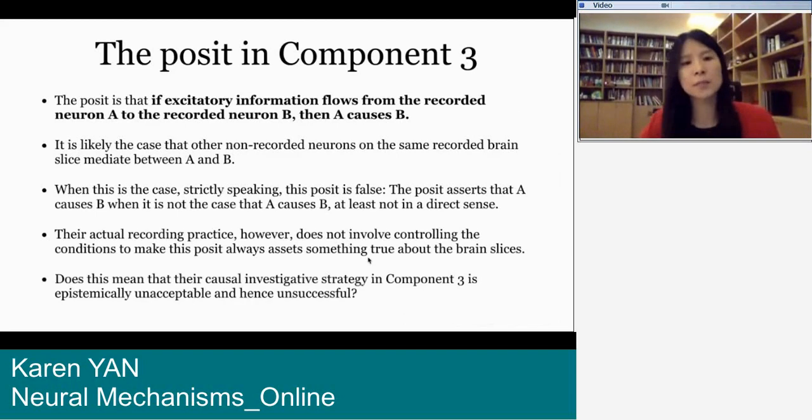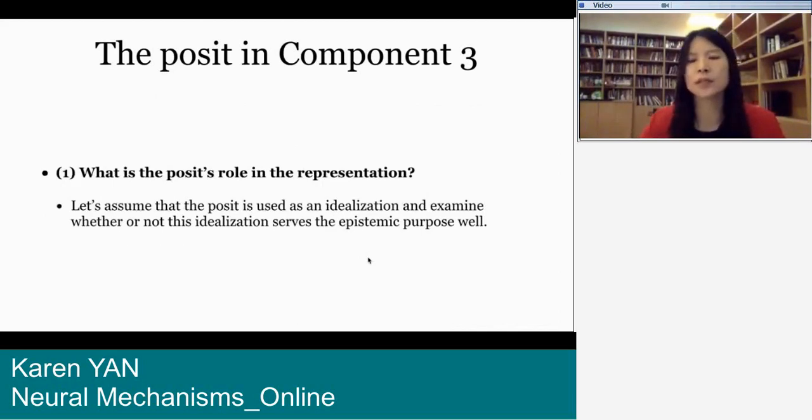This means that their causal investigative strategy in component 3 is epistemically unacceptable, and hence unacceptable. So again, we apply that standard to evaluate. Let's assume that the posit is used as an idealization and examine whether or not this idealization serves the purpose well. The idea here is that I focus on the cases where they get it wrong, because that's what really matters.